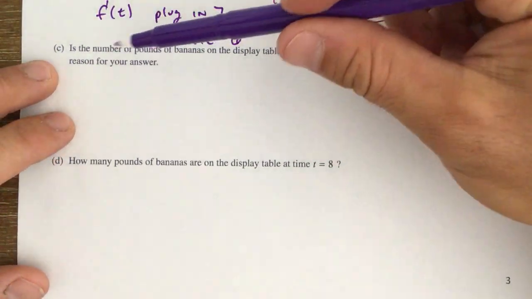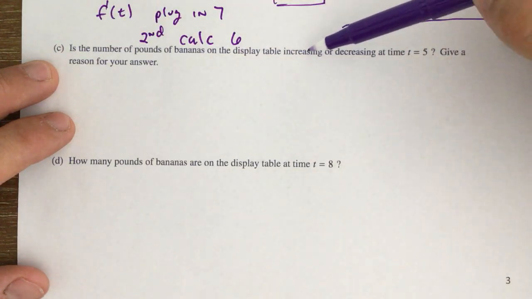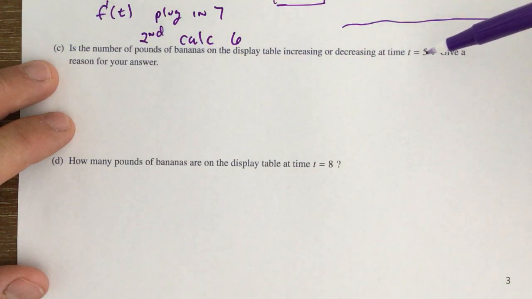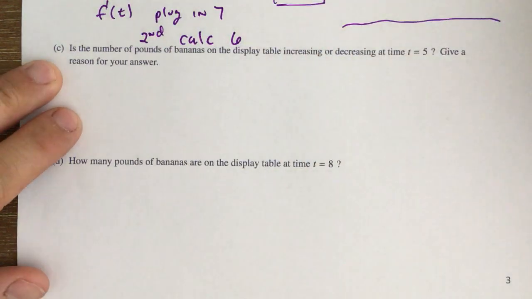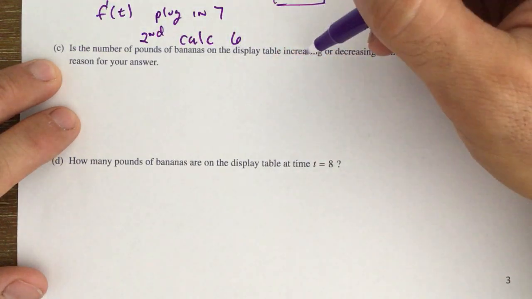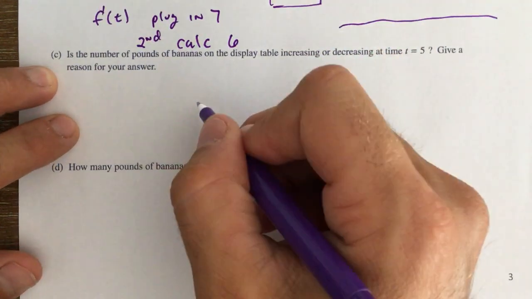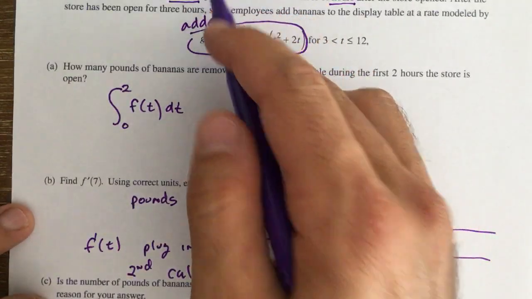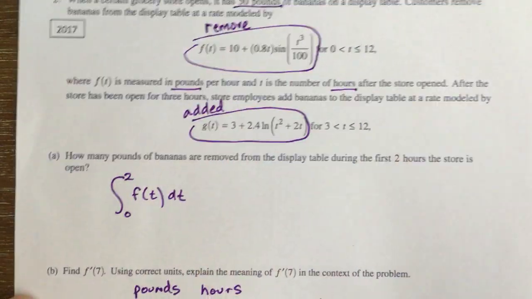Is the number of pounds of bananas on the display table increasing or decreasing at time t equals 5? Give a reason for your answer. So if the pounds are increasing, well, we already have rates, right? We just need to figure out which rate is higher at time t is 5.